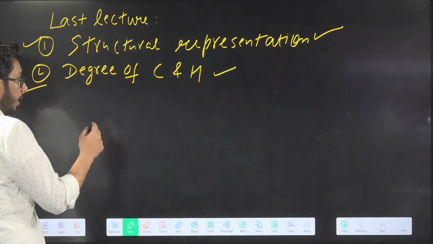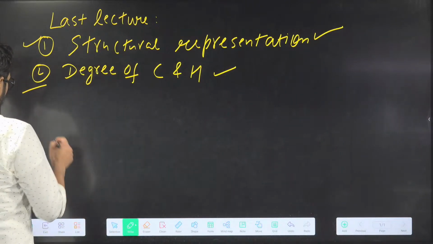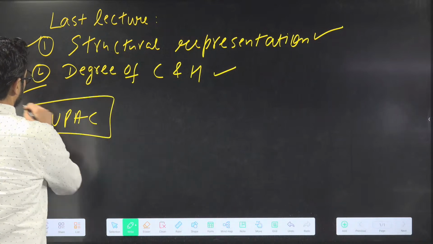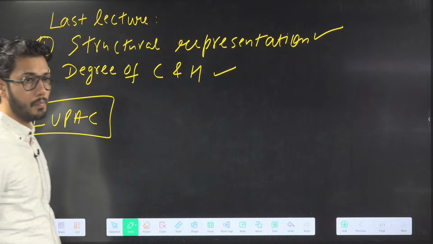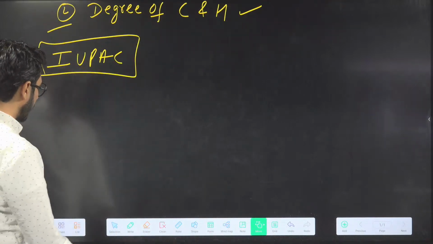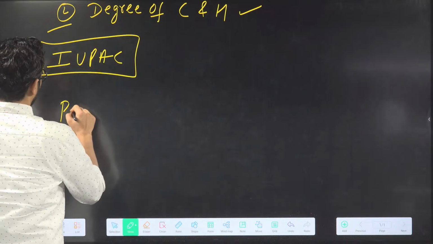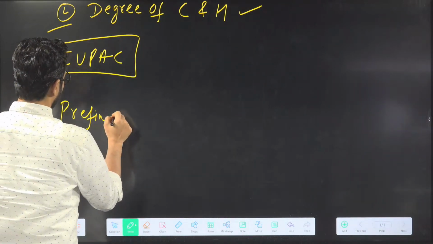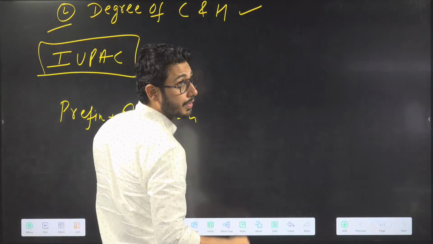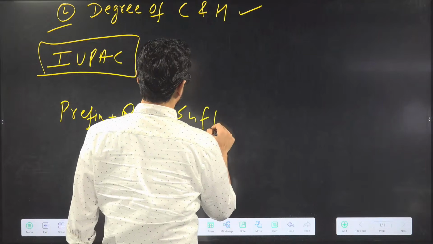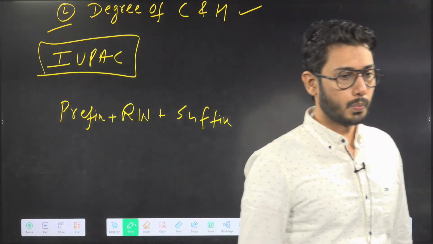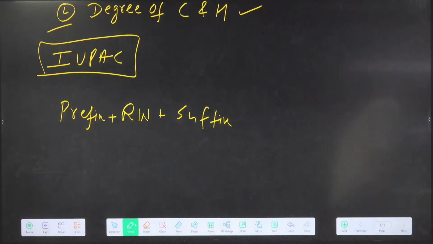So I am starting with the IUPAC. In the IUPAC, the sequence we have discussed is prefix, root word, and suffix.